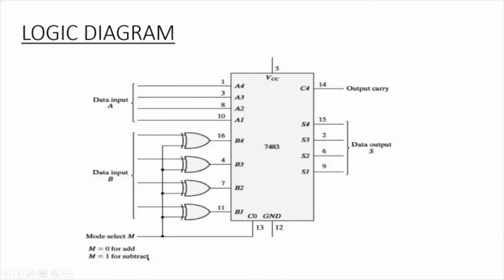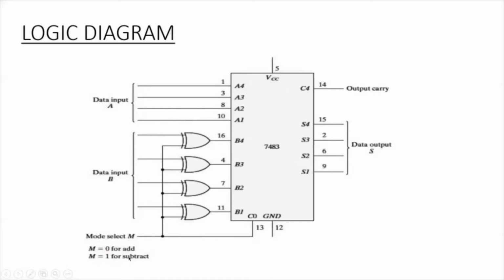When the M value is 0, one of the inputs of the XOR gates is 0, so it gives the input as it is to B4, B3, B2, B1. So IC7483 will add them and produce the output.